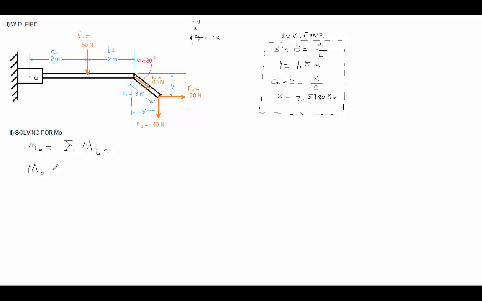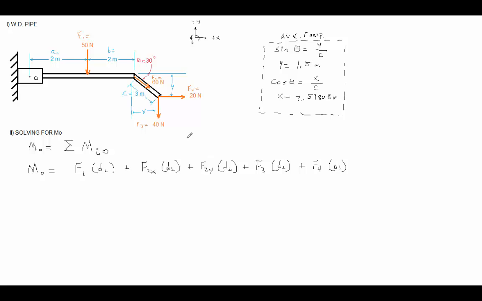So therefore, the moment about point O equals F1 times d perpendicular plus F2x times d perpendicular plus F2y times d perpendicular plus F3 times d perpendicular plus F4 times d perpendicular.